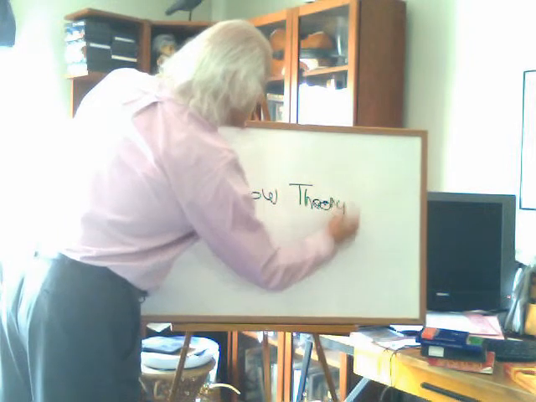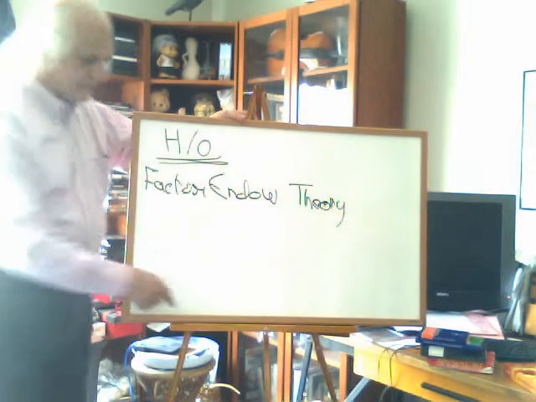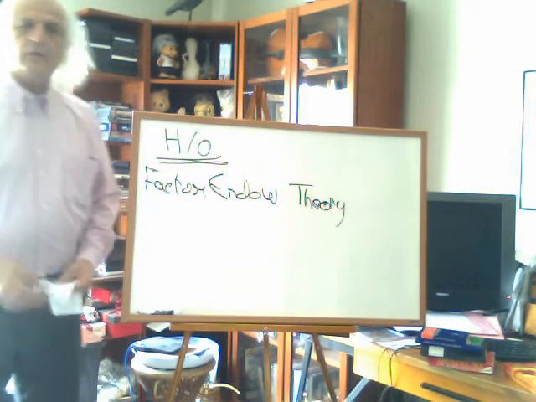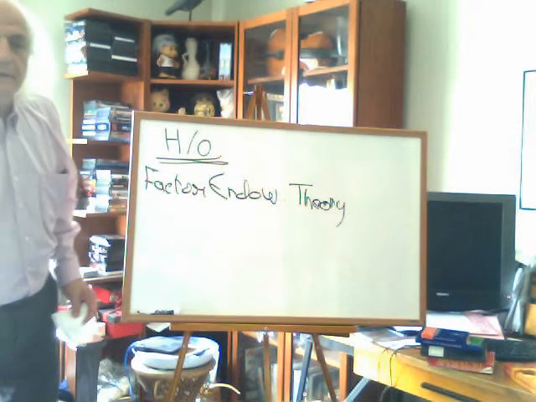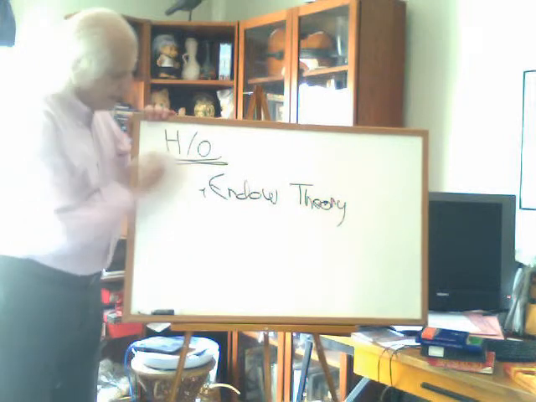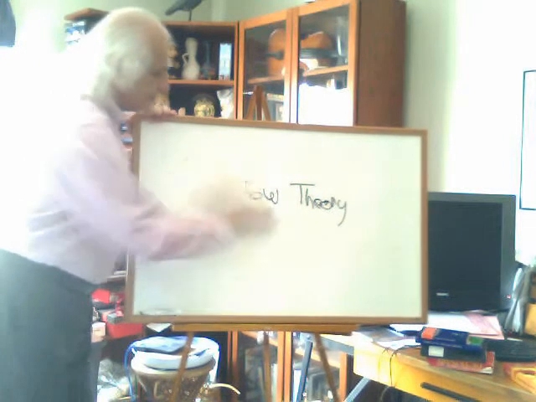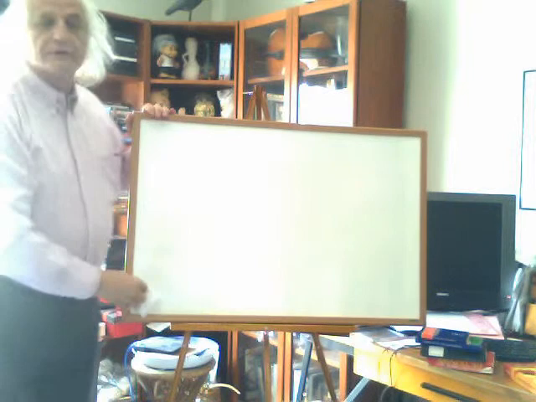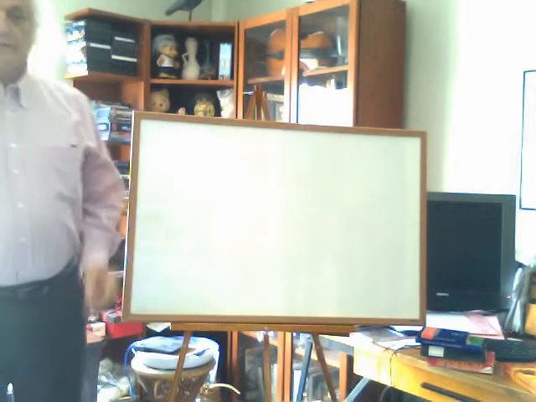What does factor endowment theory mean? It really is very simple. All that means is that we're going to assume that particular countries are going to have different natural endowments.